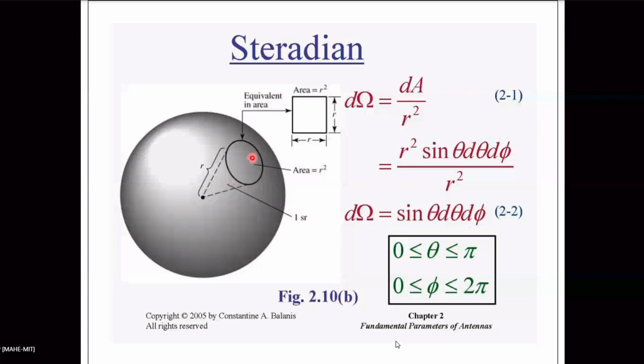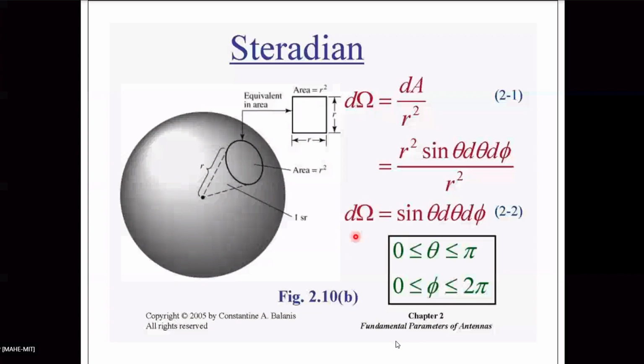So it is called a solid angle. Like area and elemental area, you have elemental solid angle, called d omega.